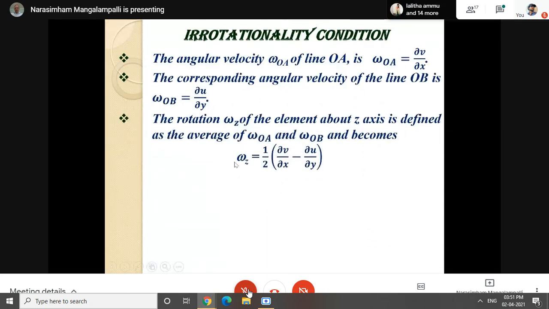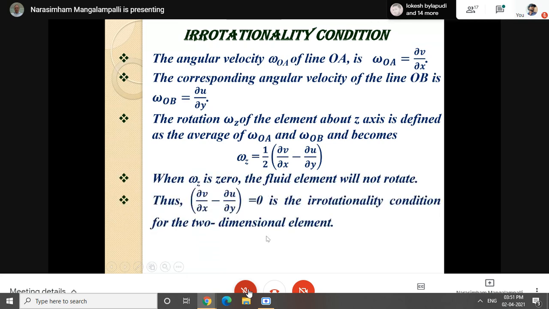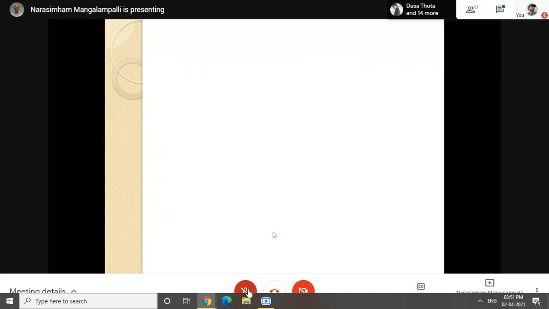This is the expression: half of dou V by dou X minus dou U by dou Y. So what is the vorticity vector?